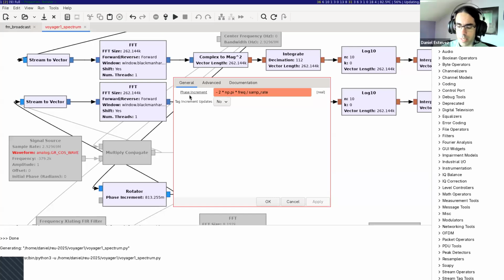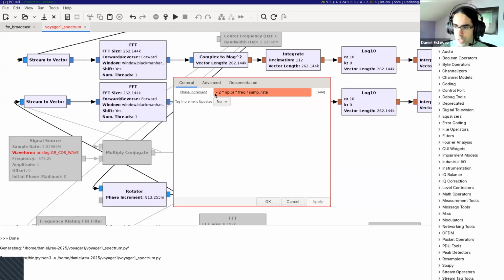A constant frequency is the same thing as a constant phase increment over time. Phase is the integral of frequency. So this block performs a phase increment over time. It applies a frequency shift.